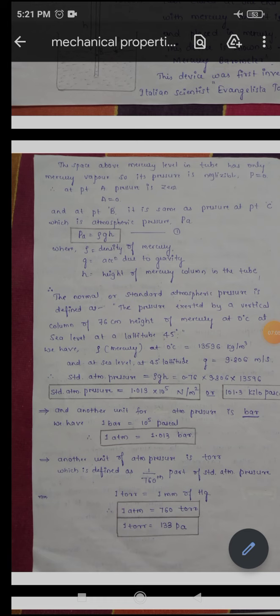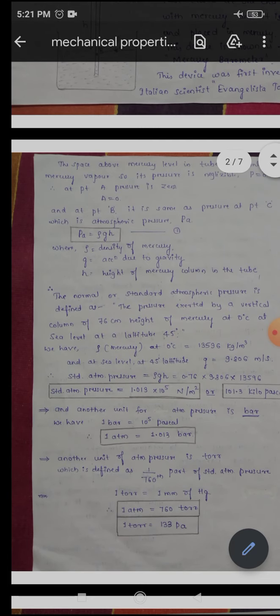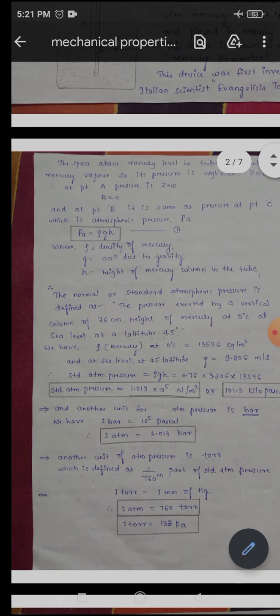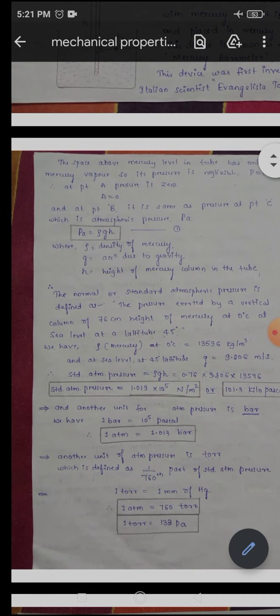This is known as the standard atmospheric pressure. This is the definition of standard atmospheric pressure: the pressure exerted by a vertical column of 76 centimeter height of a mercury column at 0 degree Celsius at sea level at the latitude of 45 degree.